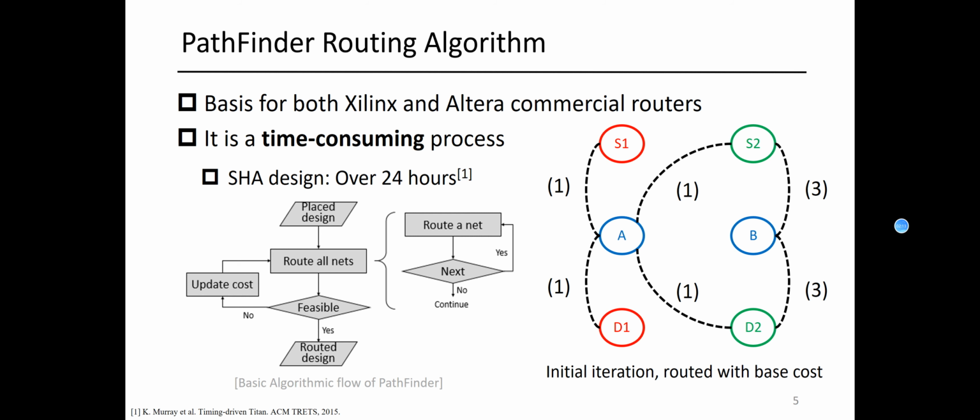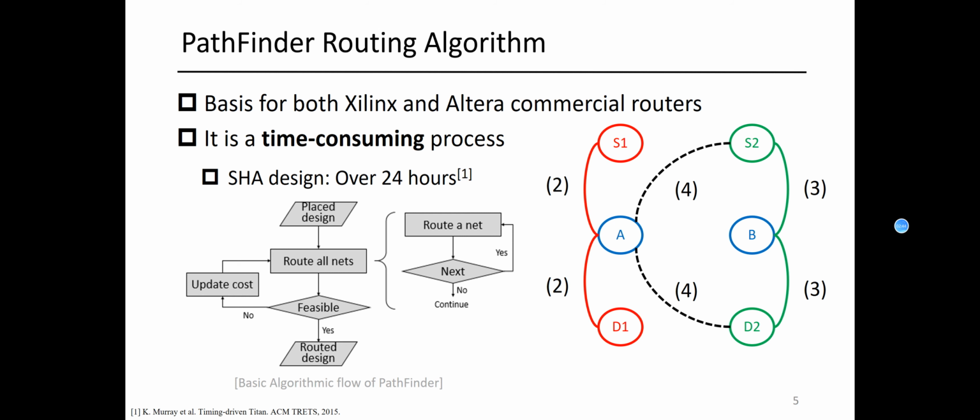As the size of FPGA increases, it takes a very long time to find a feasible solution. For example, the Intel Quartus router takes over 24 hours to finish the SHA design. Here, we also provide an example to use the Pathfinder algorithm to route 2 nets. It is a feasible routing solution for 2 nets.